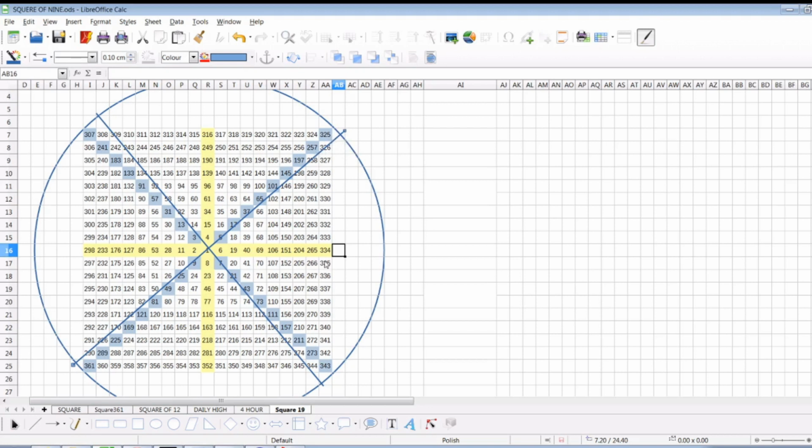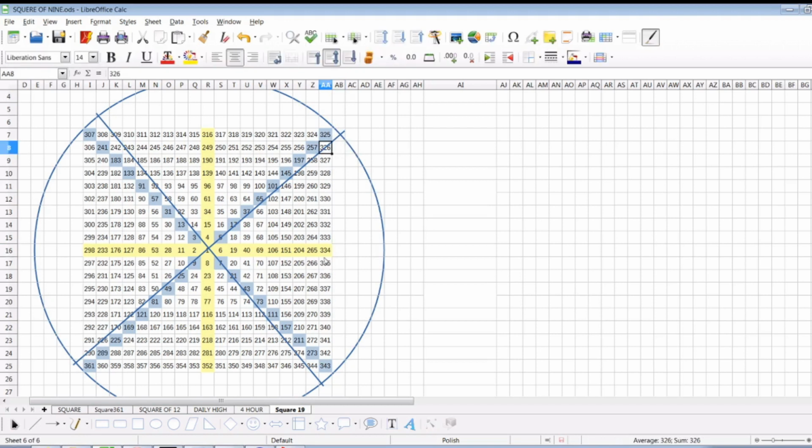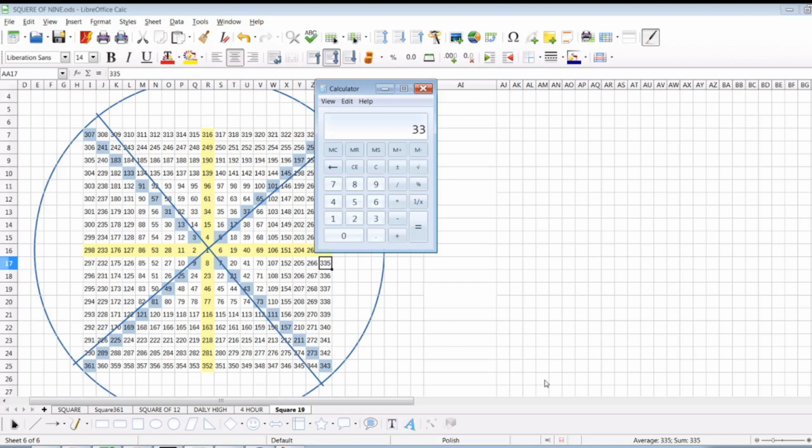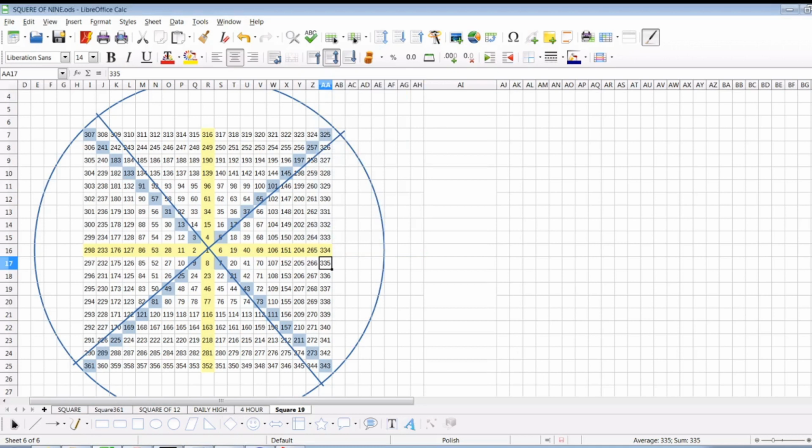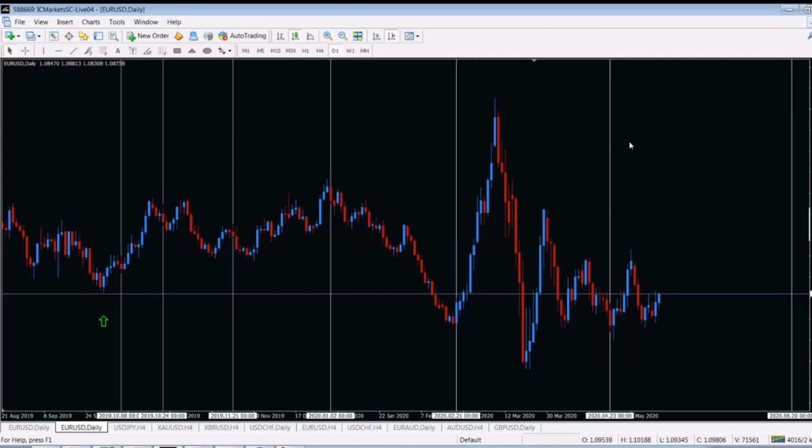You presume 45 degrees from here, angular 45 degrees, should be 335. And here the market should get the balance. And when you square 335, you get 112.22. So 112.22 is the place where the market gets the balance. 112.22 is somewhere over here.